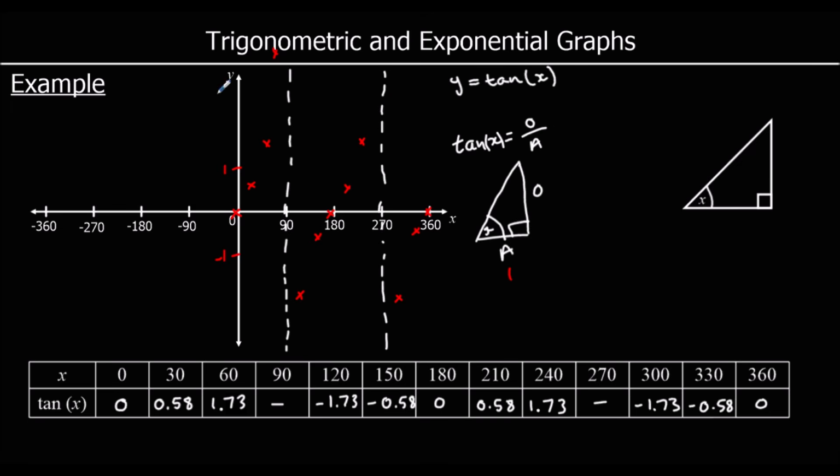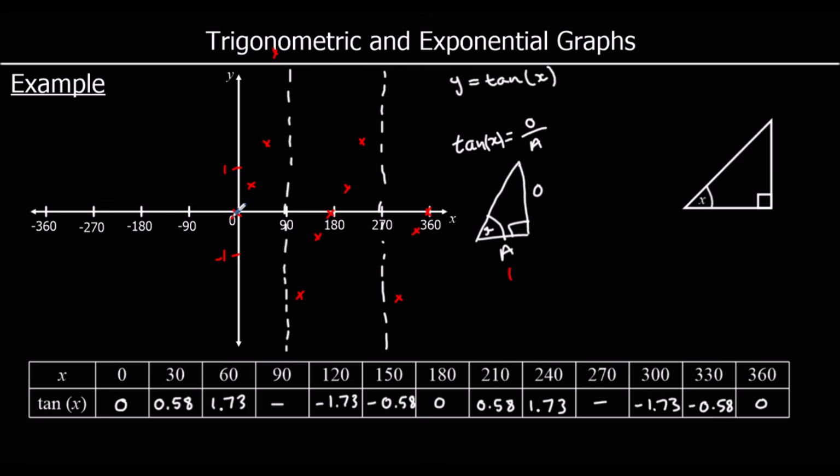The closer we get to 90, the bigger and bigger the answers we get, but we never reach 90. So you can keep increasing this opposite length forever, getting bigger and bigger answers, and the angle will get closer and closer to 90, but we're never going to reach 90.